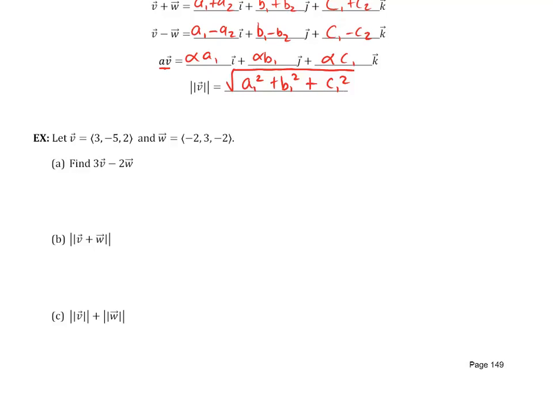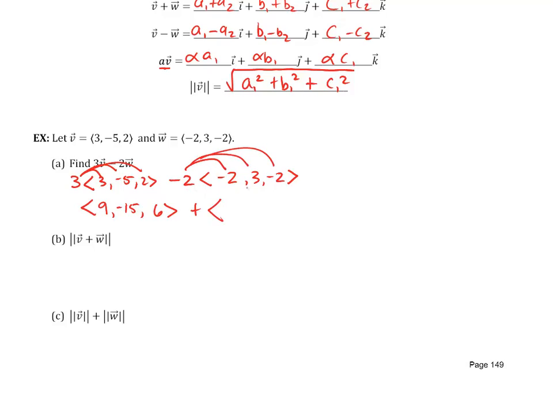Now I've written these vectors in component form, or in the angle bracket notation, but everything works exactly the same. If I take 3 times my vector v, <3, -5, 2>, minus 2 times w, <-2, 3, -2>, I'm just going to distribute my 3 inside, so I have <9, -15, 6>, plus, and I'm going to distribute my -2 to each of these, so -2 times -2 is 4.